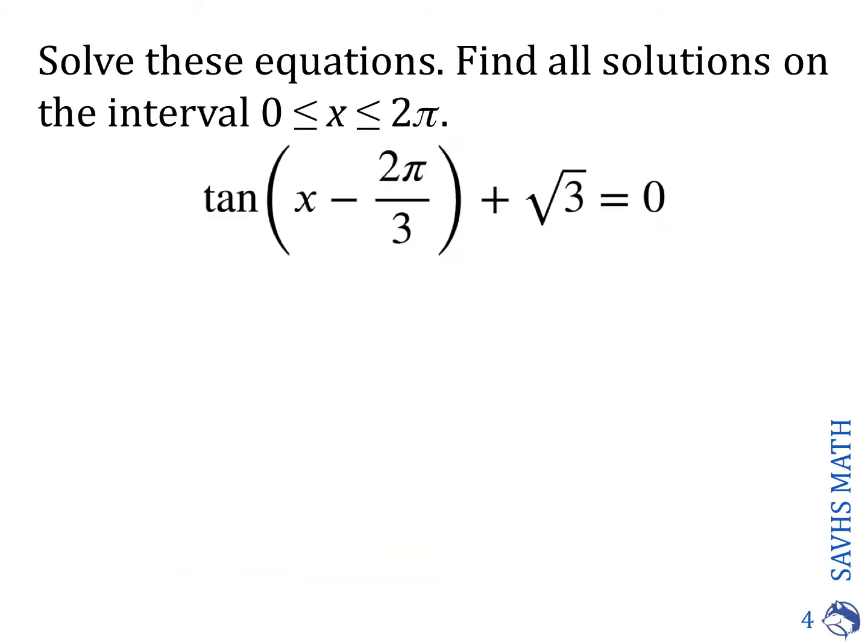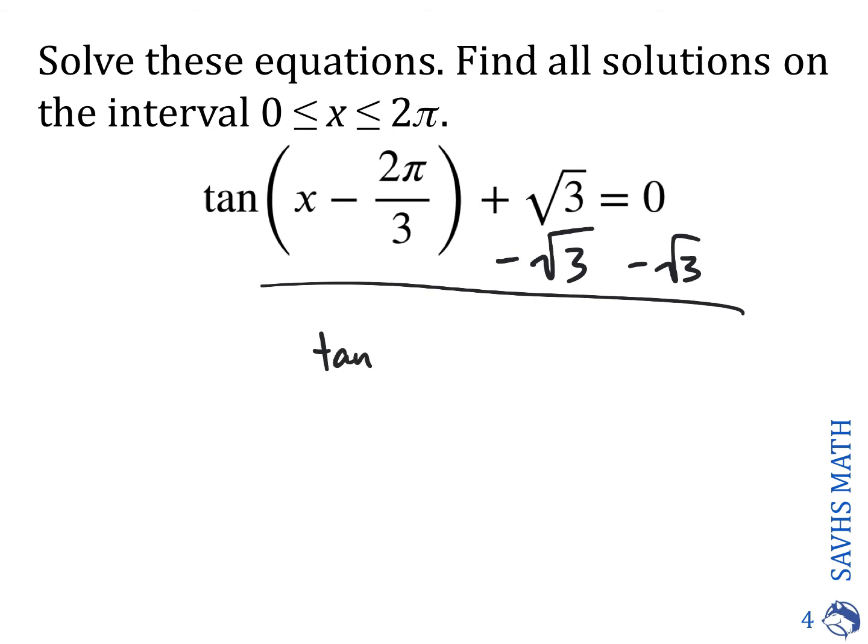Let's do this one. This one is a little bit trickier because we're working with tangent. Working with tangent is just a little bit more annoying because we have to think about both sine and cosine then. Okay, so we have tangent of x minus 2 pi over 3 equals negative root 3.